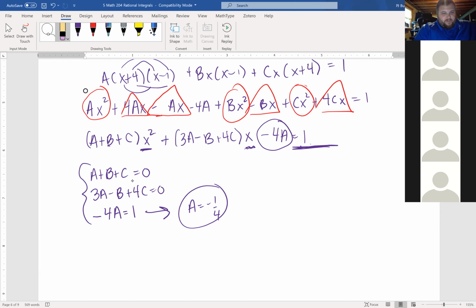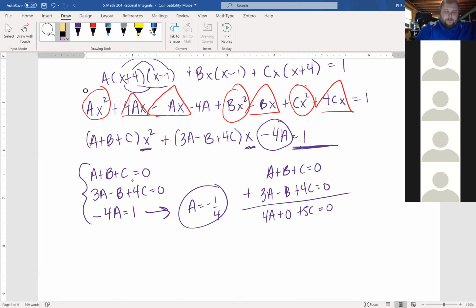So I notice I have plus b and minus b in the two equations. So if I were to add the two equations together, then I would get 4a, the b's would cancel, and I would get 5c. Solve that for c. I get minus 4/5 a.